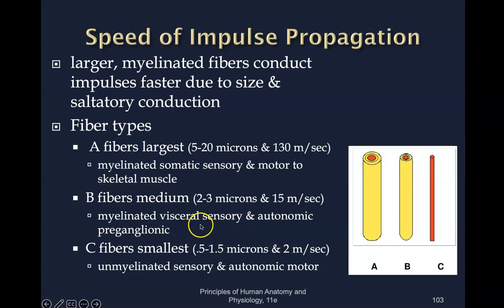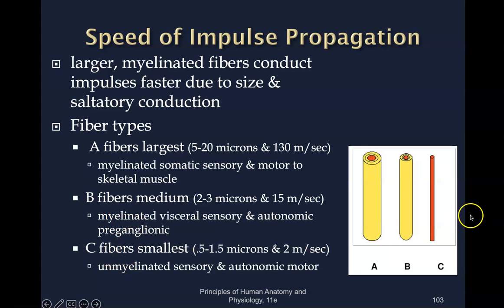So these are going to be the sensory neurons that are going to your organs, like detecting that your bladder has stretched, that kind of stuff. And also some of your autonomic neurons. I'm not going to focus on that too much right now because we haven't gotten into how the autonomic nervous system works and what preganglionic is. So I put it here, but we'll come back to that.